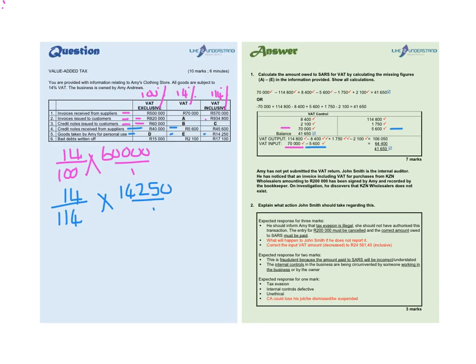This VAT must be paid over to SARS, so it will increase the amount to SARS and will be recorded on the credit side of the VAT control account, and it will increase the amount that we pay for SARS.